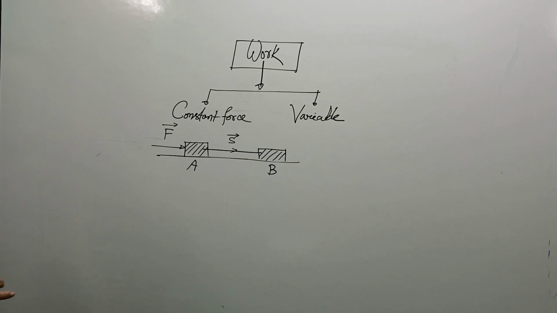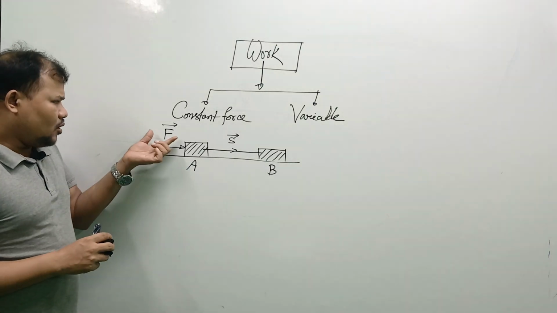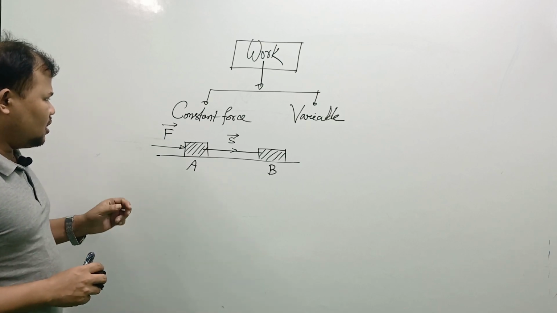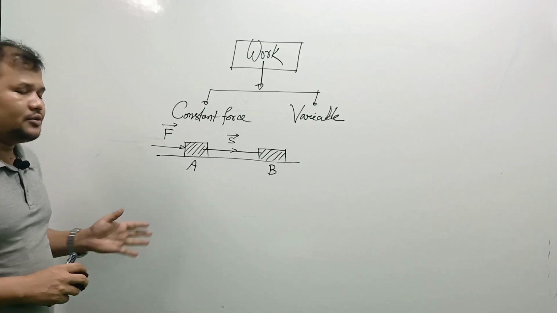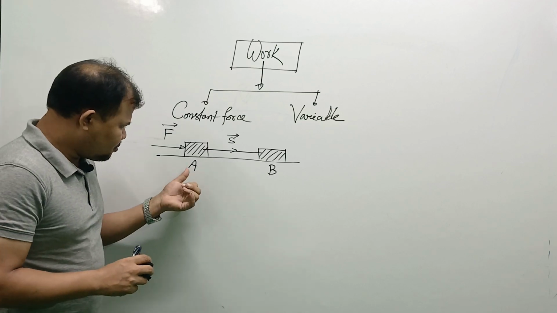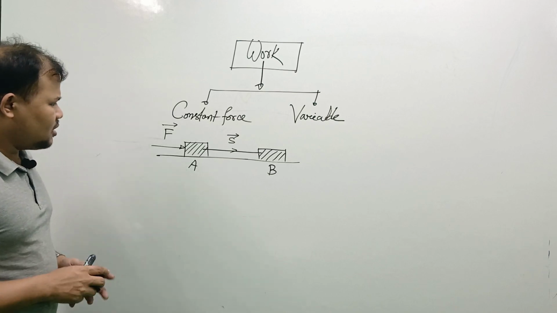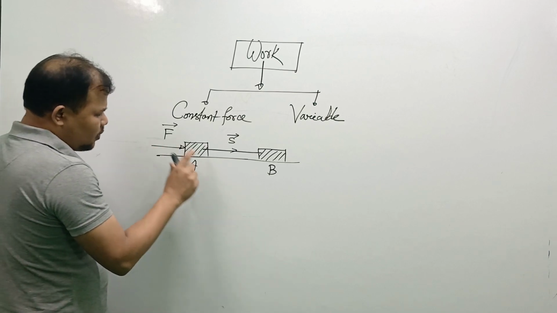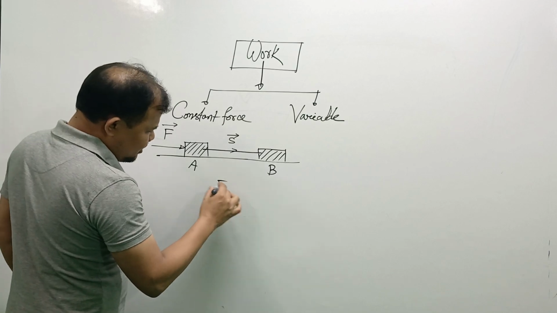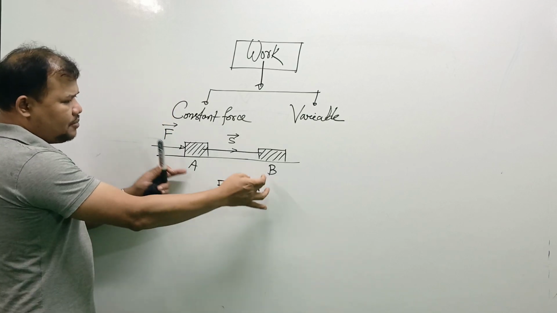My dear students, here try to understand, the name of this force is constant force. Why? Because the magnitude of the constant force does not change while moving the object from point A to B. Suppose the body goes from A to B, and we always apply 50 Newton force for the AB section.